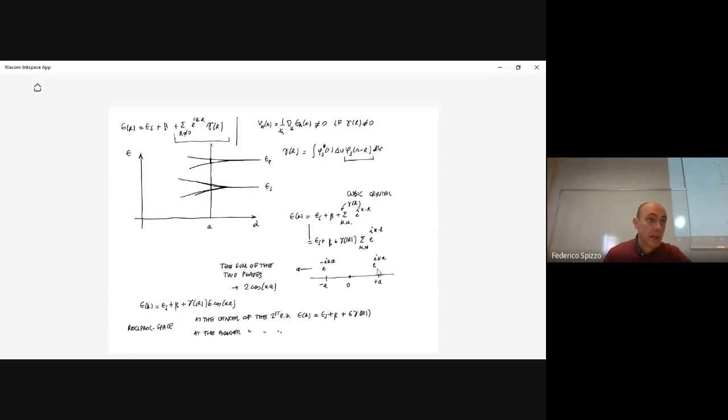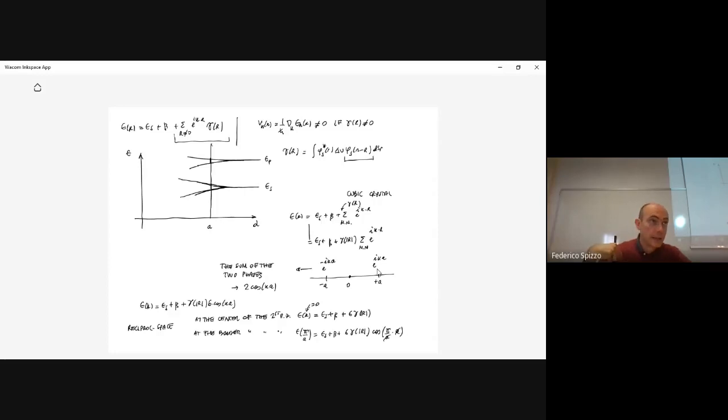At the border, the border in general is pi divided by a. So if we set pi divided by a in place of k, then we have the cosine of pi.